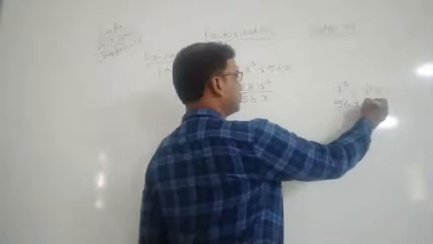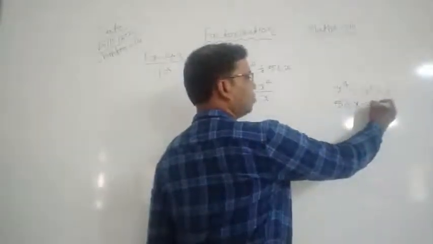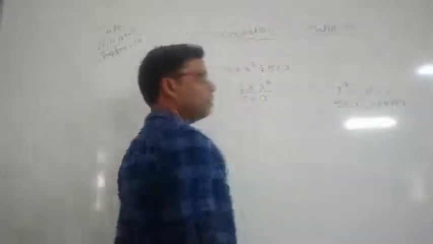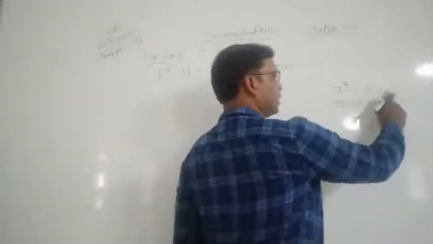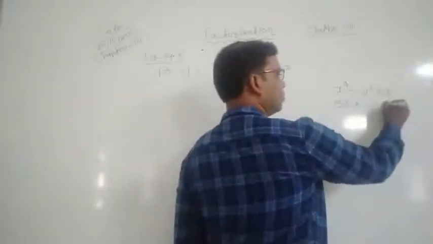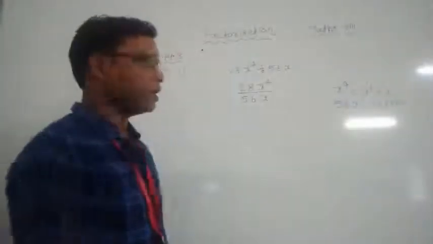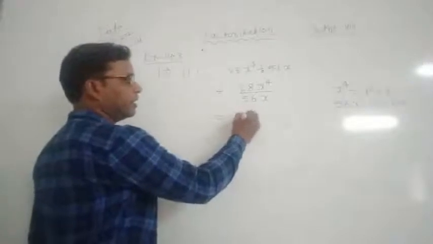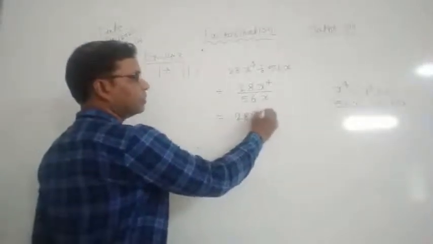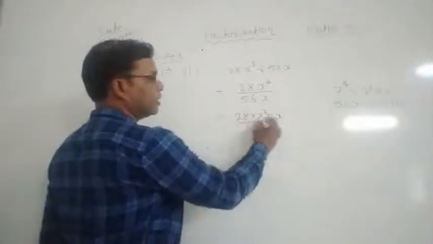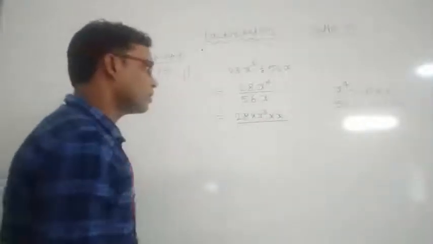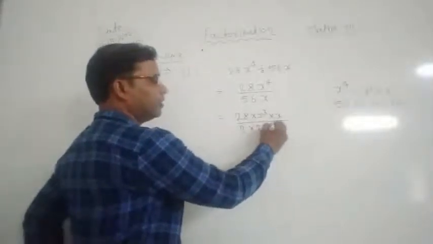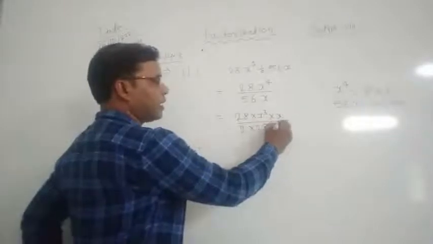56x is nothing but 2 into 28 into x. So you can write it as 28 into x to the power 3 into x, divided by 2 into 28 into x.